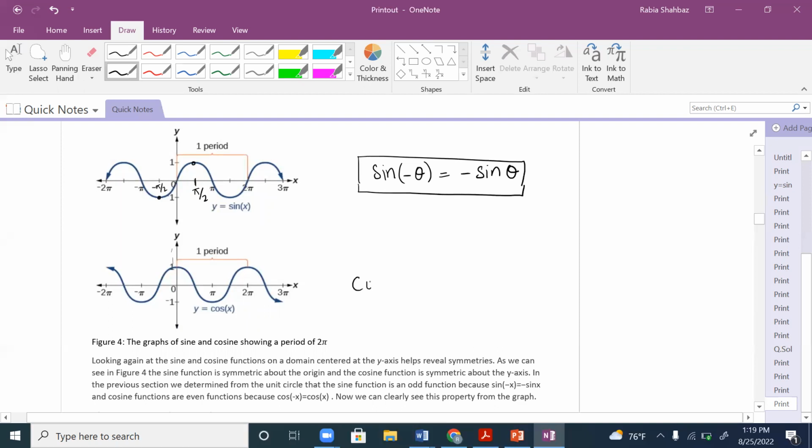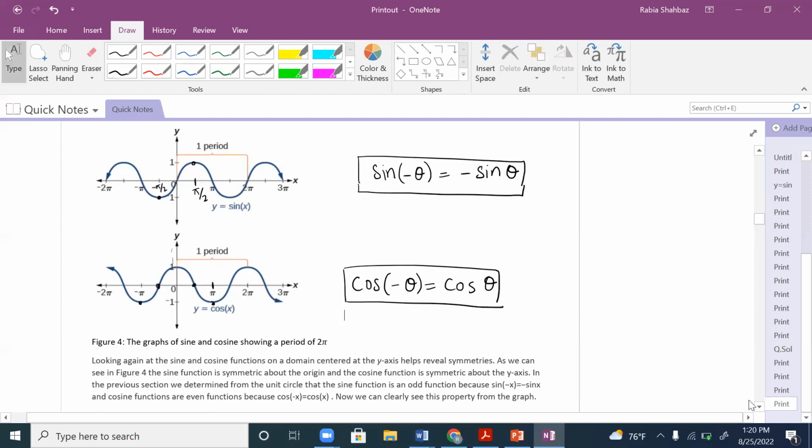So cosine functions are even functions, and what this means is that cosine of the negative angles is the same as cosine of the positive angles. For example, cosine of pi is -1 and cosine of negative pi is also -1. Cosine of pi over 2 is 0 and cosine of negative pi over 2 is also 0. Okay, so this means cosine functions are even functions.